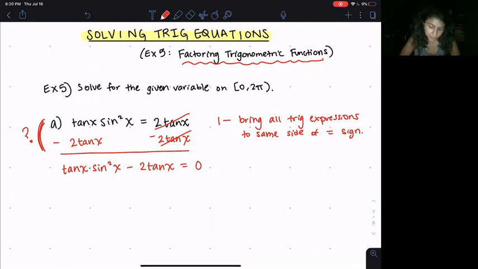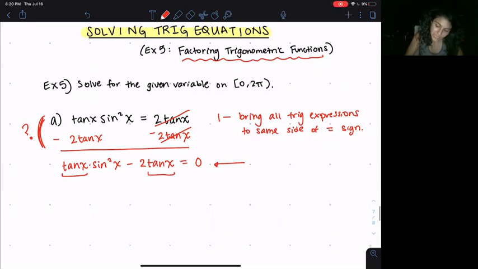So we weren't able to collect our like terms, but check it out. Here's what we can do. At this stage, see how we have a tangent x here and we have a tangent x here? There's a tangent in every term of the expression. So we're going to factor out a tangent x by GCF, or the greatest common factor.